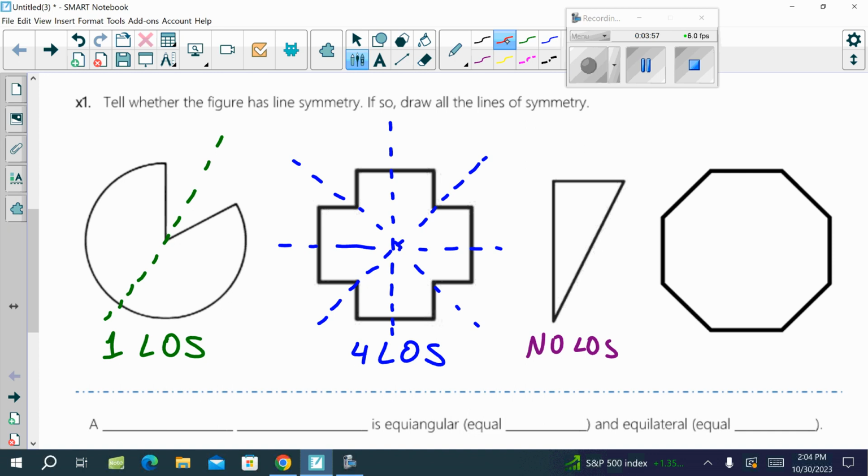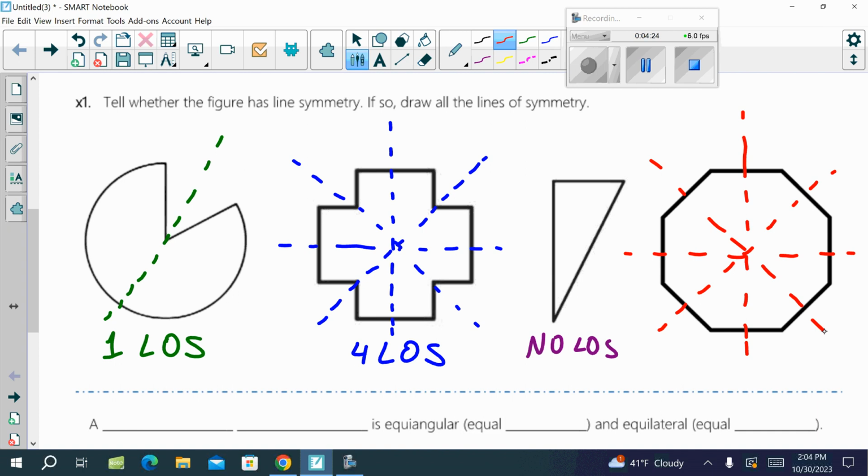What's that last figure called? Octagon. Octagon, good. So how many lines of symmetry do you think it's going to have? 8. Very good. So let's draw them. Where do you think they are? In the middle of each of them. Good. So there's 4. Where are my other 4?